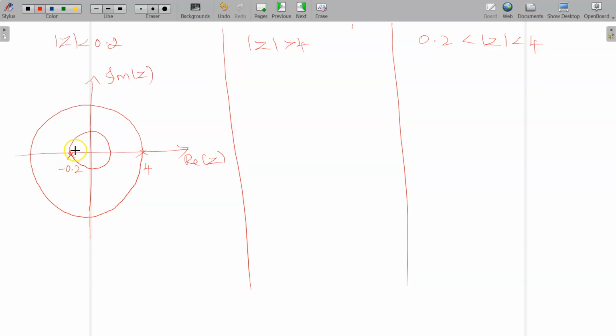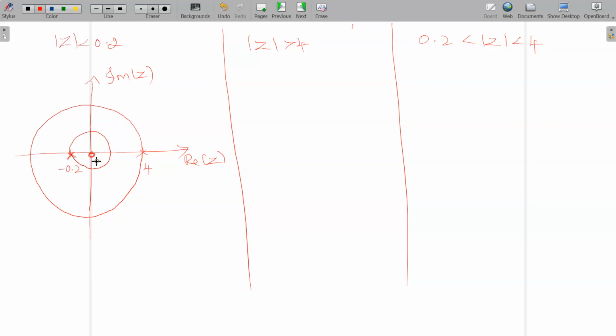Wherever we have poles, just draw a circle. And how many zeros? z equal to 0 is available. Zeros are given by circles and it exists at the 0 value.